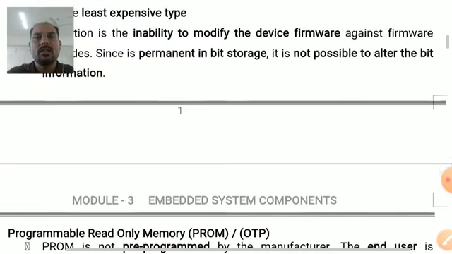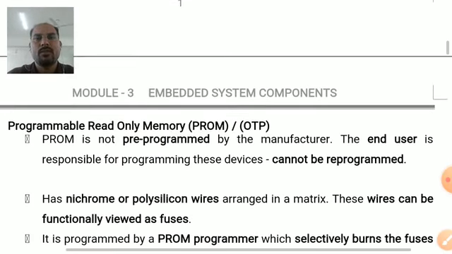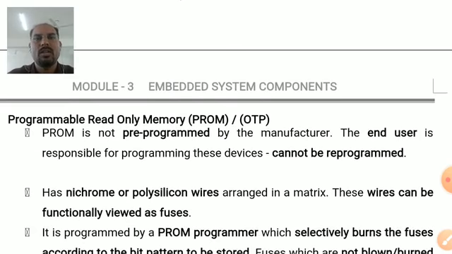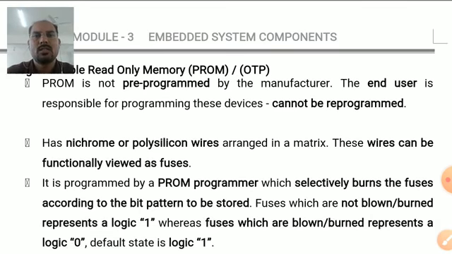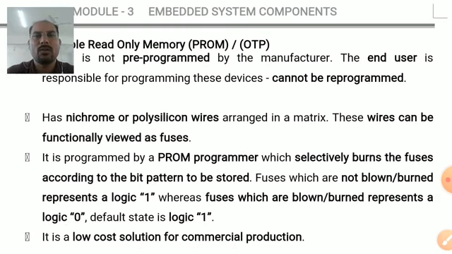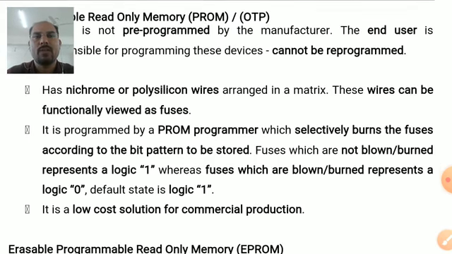Second type of ROM is programmable read-only memory, abbreviated as PROM. It is again OTP, one time programmable, in the sense we cannot program it for the second time and third time onwards. Here it is not pre-programmed by the manufacturer; the end user is responsible for programming these devices, and these memories have nichrome or polysilicon wires arranged in a matrix, and these wires can be functionally wired as fuses.